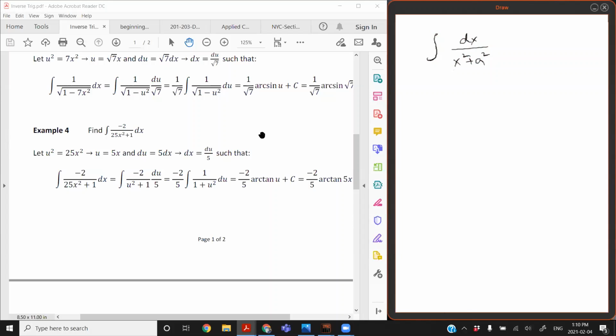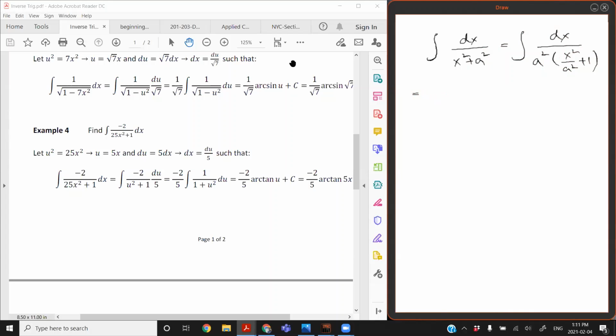So this type of integral, how do you solve it? So what you need here is to factor out a squared from the bottom. So you get dx. At the bottom, if you factor out a squared, you get x squared over a squared plus 1. So that's the first step.